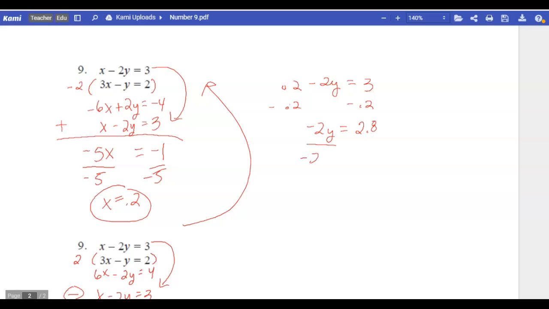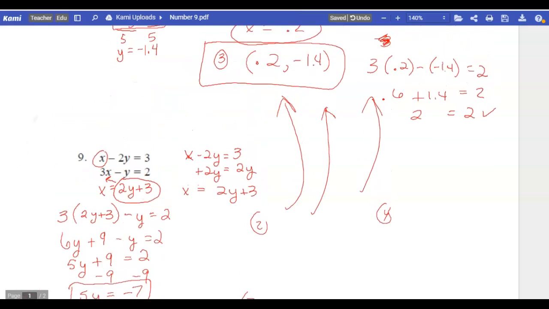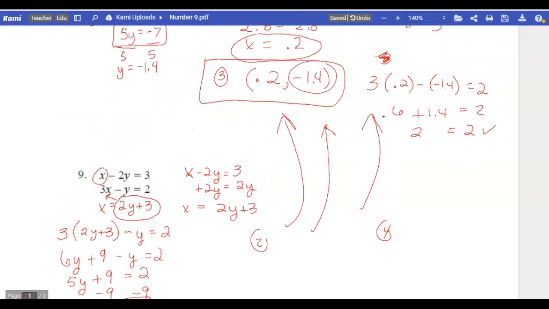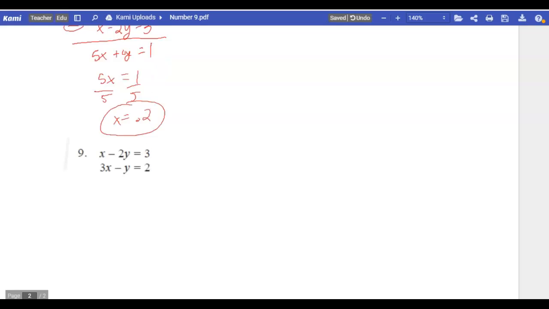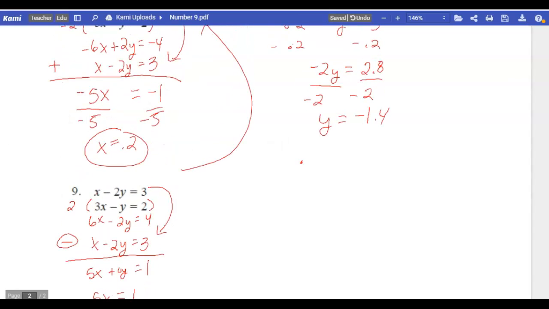And then I would divide by negative 2. And y equals negative 1.4. And we come up here. And again, y equals negative 1.4. So we end up with the 0.2, negative 1.4.